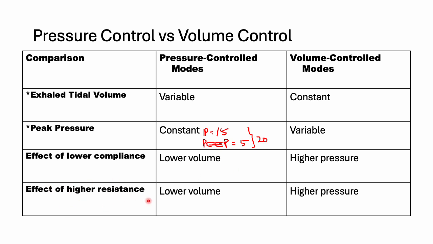Likewise, if there's higher resistance for the same pressure that's delivered, there will be a lower tidal volume. So these are the main differences between pressure controlled ventilation and volume controlled ventilation. And you need to understand how they differ when the person's lung characteristics differ.